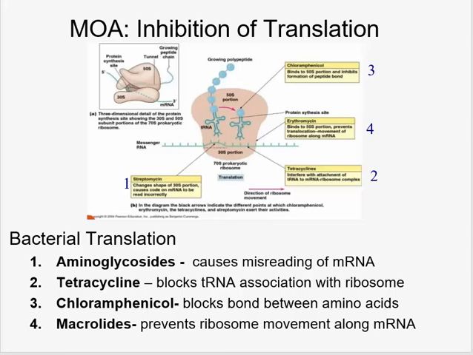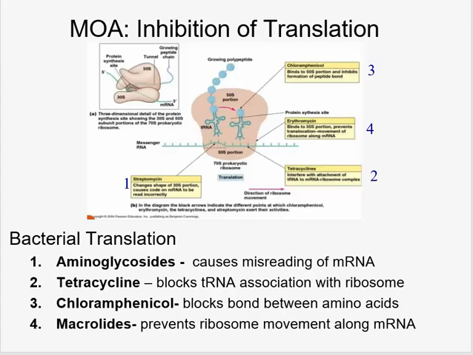Tetracycline actually goes in and essentially competes with the spot where the tRNA would come in to the ribosome. So it blocks the tRNAs from being able to deliver the amino acids to the ribosome, and the whole process stops. Chloramphenicol goes in and disrupts the part of the ribosome where the amino acids would be hooked together to make the growing chain. So it essentially prevents the amino acids from hooking together, so no protein is produced.